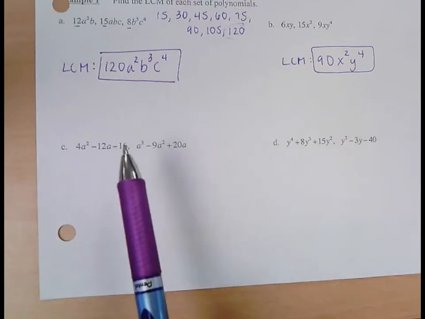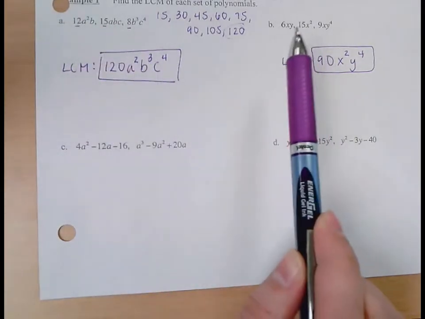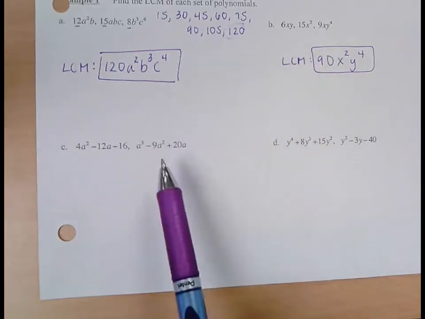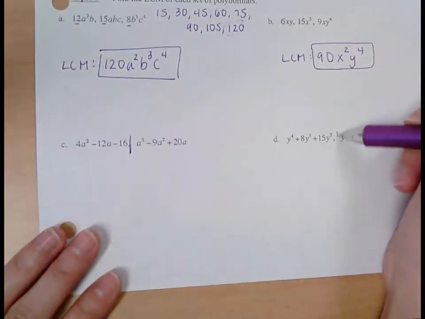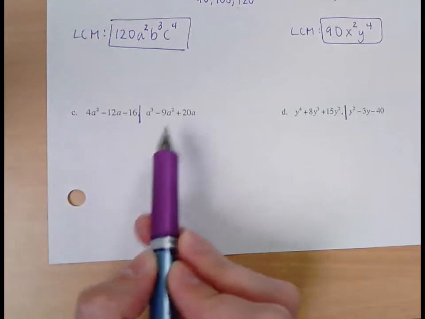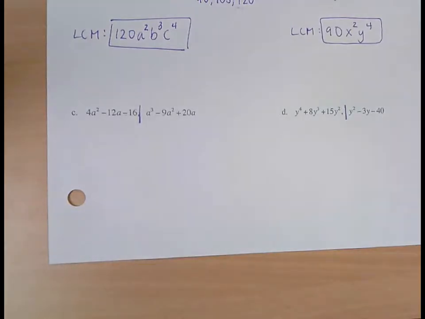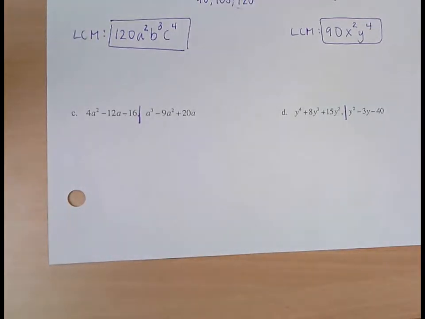C and D are different from A and B. A and B, all that were listed were monomials. C and D, you have polynomials. So just notice where the comma is, where the separation between them is. So if we look at C, in order to find the least common multiple or least common denominator for these, you want to make sure each polynomial you have is factored.